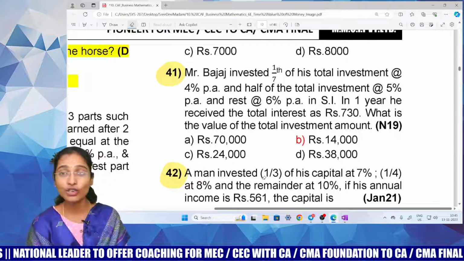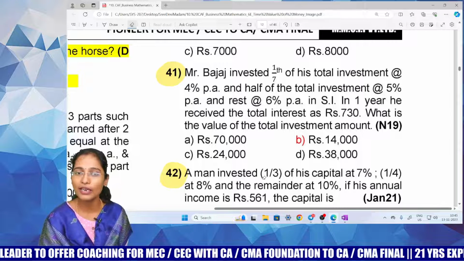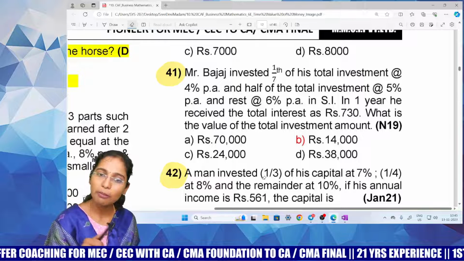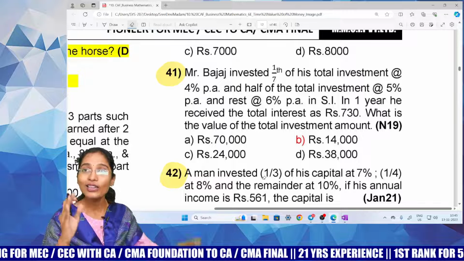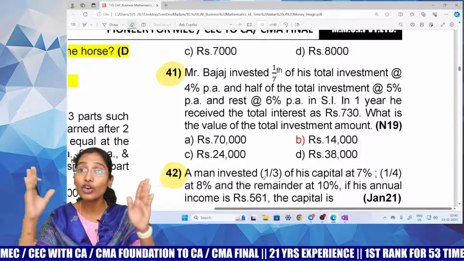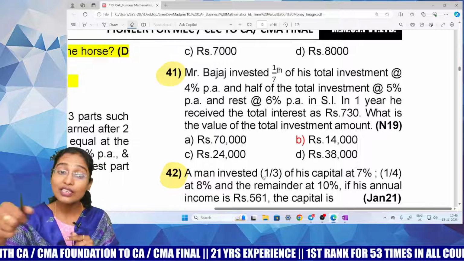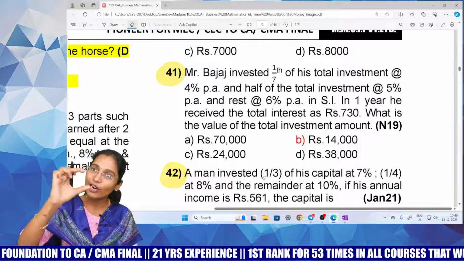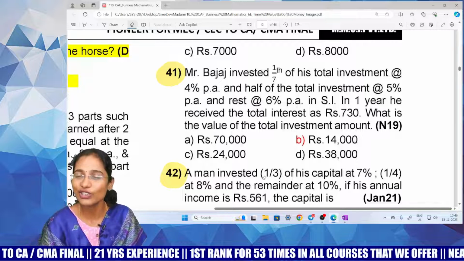But my suggestion to you all is, because you are aware of arithmetic mean properties, guys, the first principle is 1/7, no? The second principle is half. And the third principle is balance, right? All the three principles are same or different? Different, right? They are invested at same rate or different rates? Different rates. Means different principles are invested at different rates, means we have to use weighted average, right?